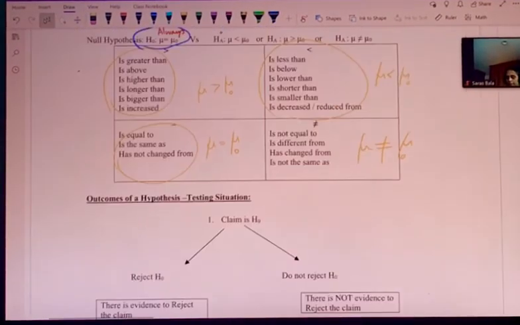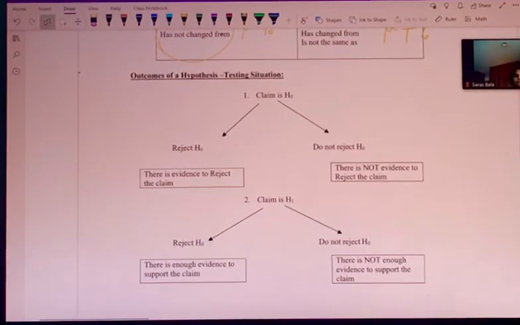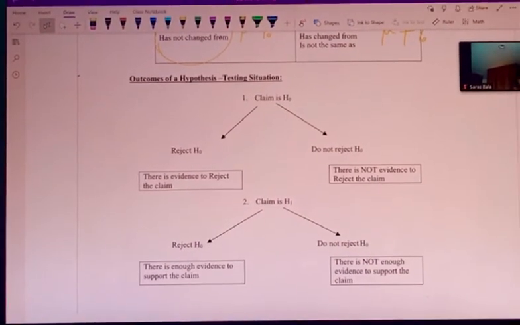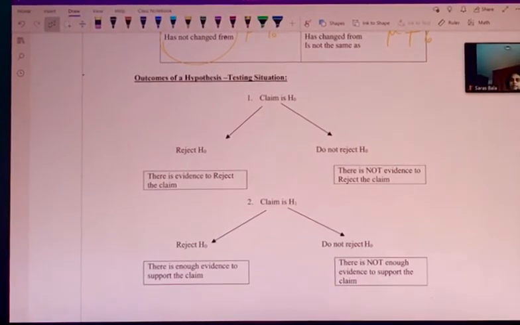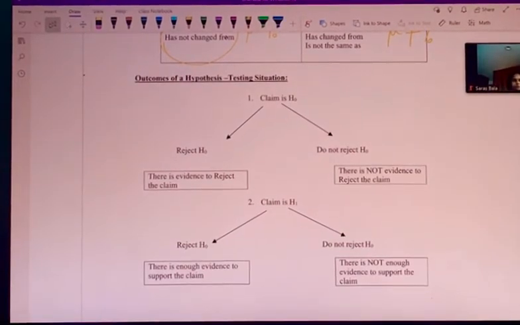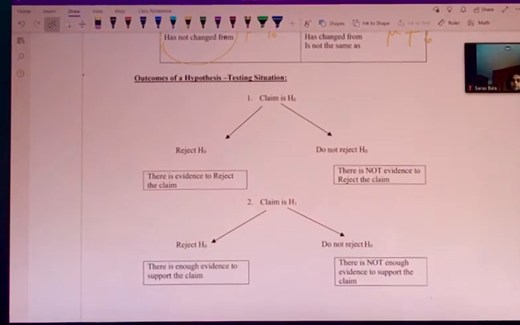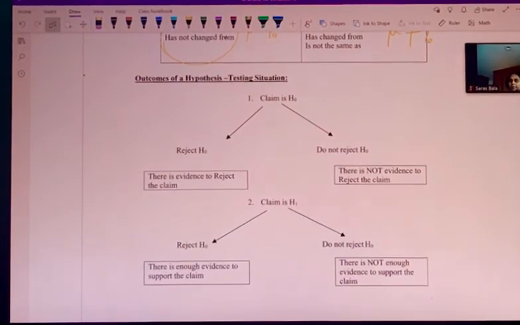All right. So based on the claim, these are the technical wordings that you are going to be using. You will say, yes, there is enough evidence, or there is not enough evidence. This is how the conclusion is going to be written, and then you complete the sentence based on the claim. The proper way is to say, yes, there is enough evidence to say. When are you going to say that? When your null hypothesis is the claim and you get a stronger p-value.